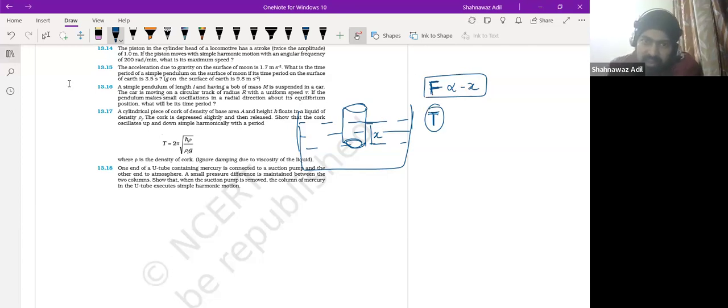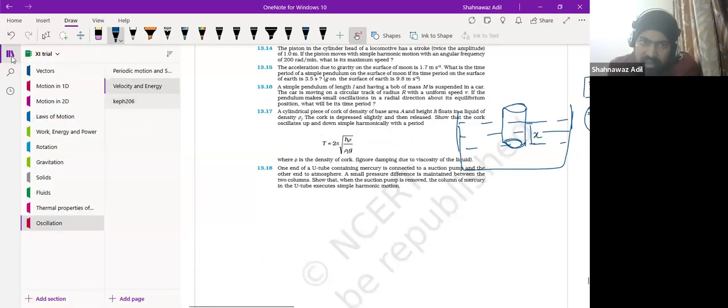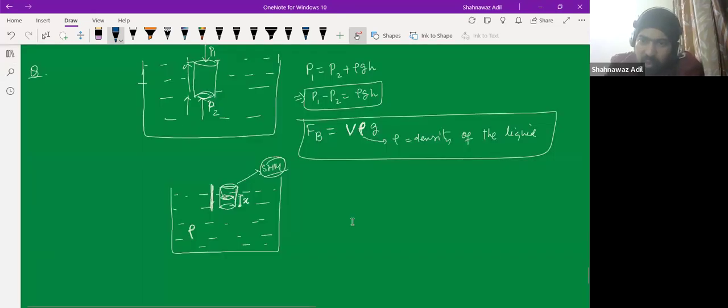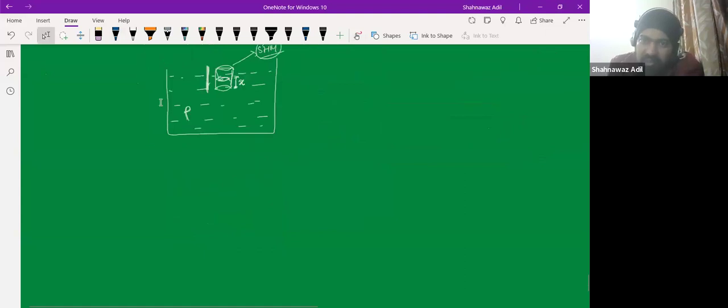So let us solve this question here. We have this cork, and what is providing the restoring force?